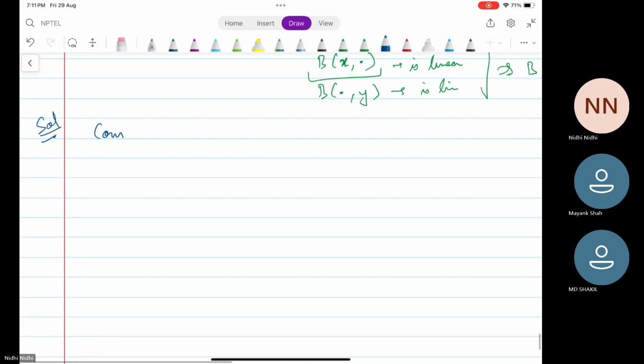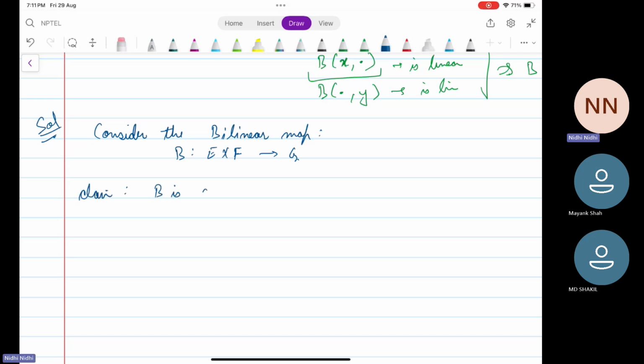Consider the bilinear map B from E cross F to G. We claim that this B is continuous.